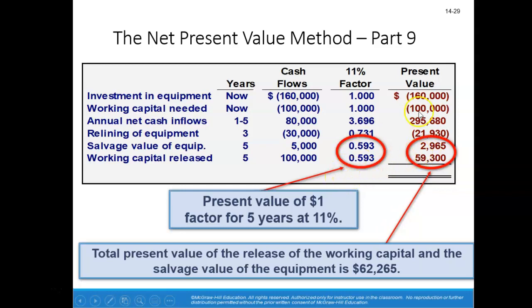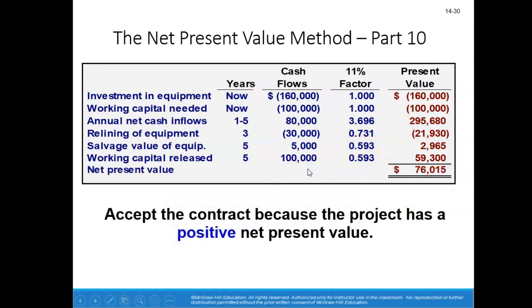So now we're going to look at all of our present values of our cash inflows, present value of our cash outflows to get our overall net present value. So we see that this project has an overall net present value of $76,015. Therefore, we should accept this project because it does meet our criteria of 11% return on our investment.